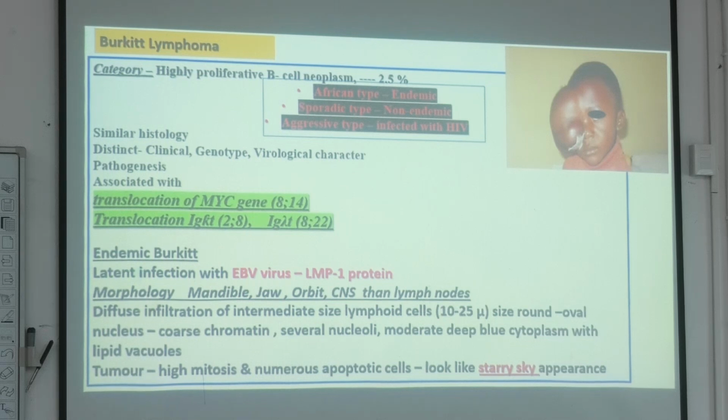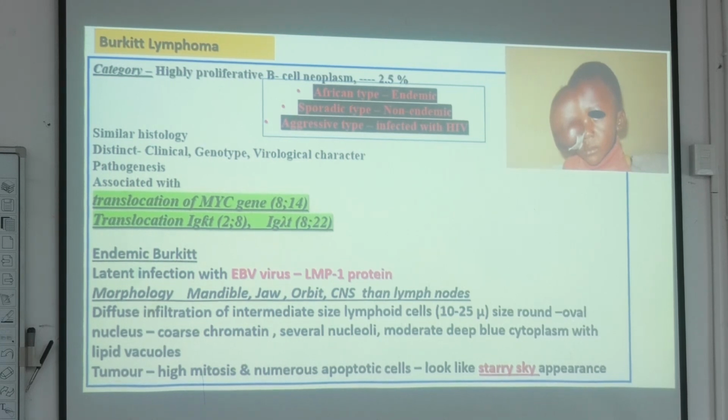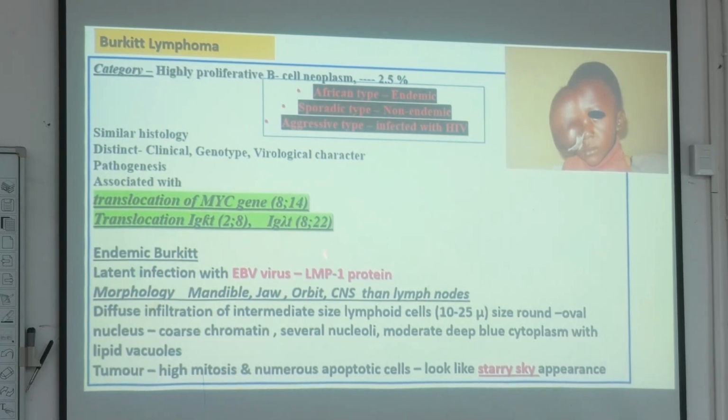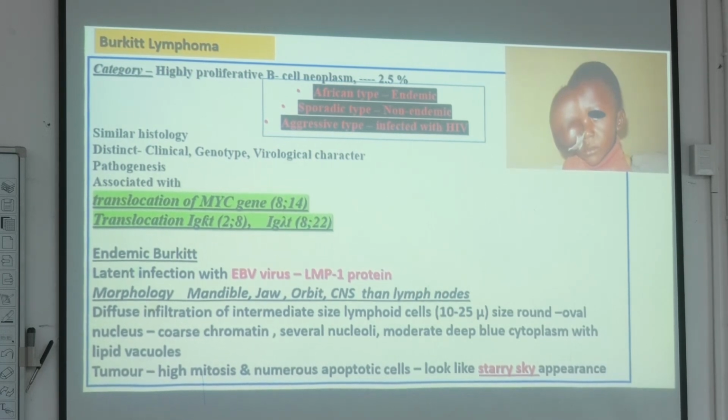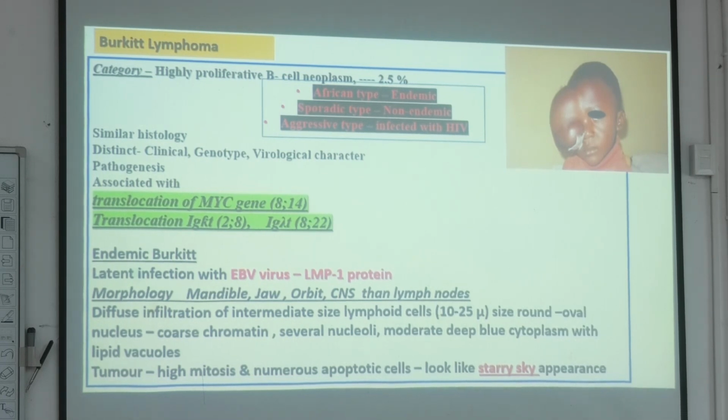Endemic area is the African type, but the Asian type is non-endemic. Another, more aggressive, is if the patient has HIV infection, they produce this type of lymphoma. Histology of all these categories is similar, and the translocation involves the CMYC gene, that is the 8-14 translocation, and immunoglobulin kappa and lambda translocation. These are the common features of Burkitt lymphoma.